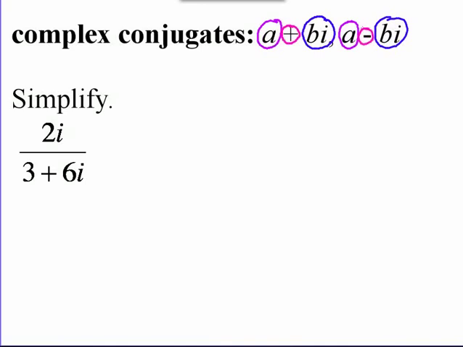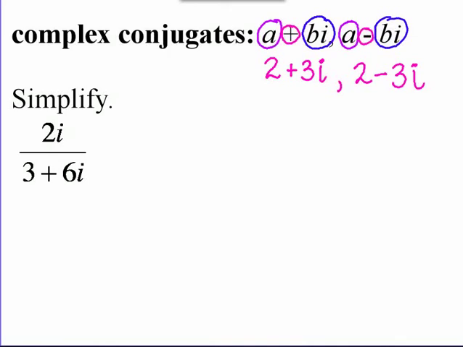So an example of a complex conjugate, 2 plus 3i and 2 minus 3i. First terms are the same, last terms are the same, signs are different. So what does that look familiar to? X plus a number, x minus a number from the difference of 2 squares.